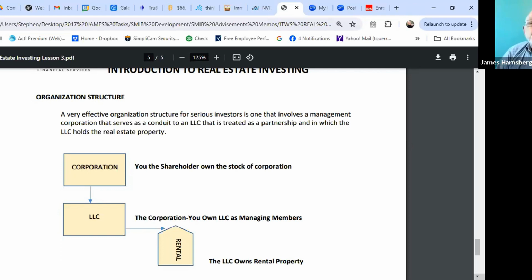Because of the disproportionate allocation rule, the corporation owns 10% of the shares of the LLC, but it's going to get 90% of the income and losses, and 90% of the profits and losses and 90% of the gains or losses every month, every quarter, every year.